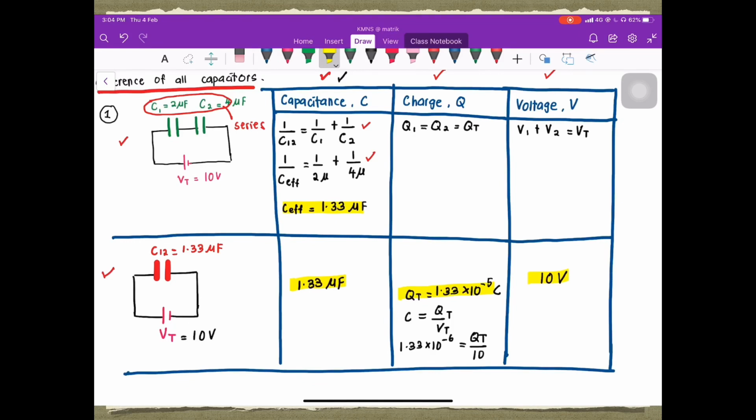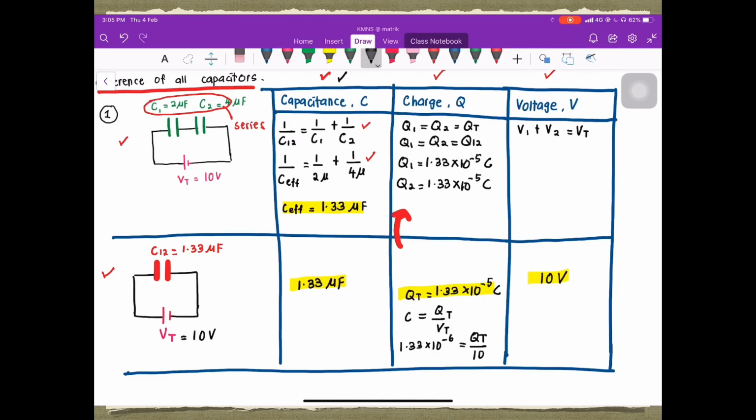Next, refer to the previous equation. Q1 and Q2 equal Q total, meaning the value of Q1 equals Q2 equals the combination. So Q1 equals 1.33 × 10^-5 coulomb, and Q2 is also 1.33 × 10^-5 coulomb. That settles the charge of each capacitor.